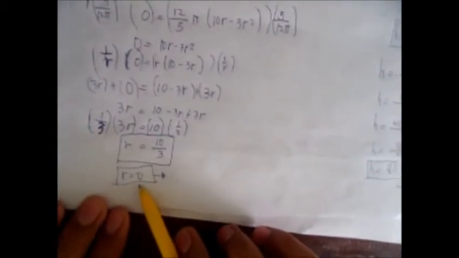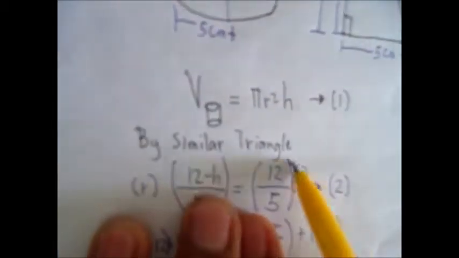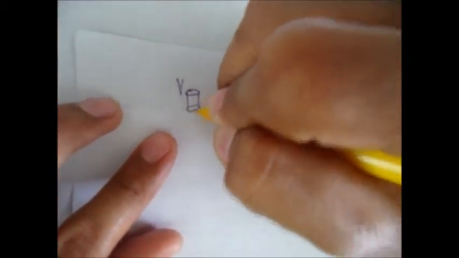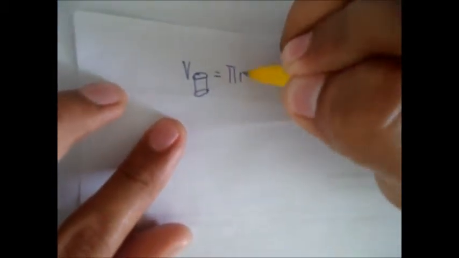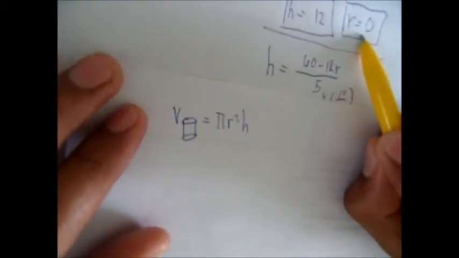If r is equal to 0, for our volume we need to substitute. From the first equation, the volume of the right circular cylinder is equal to pi r squared times height. Our height is 12 and our r is equal to 0.